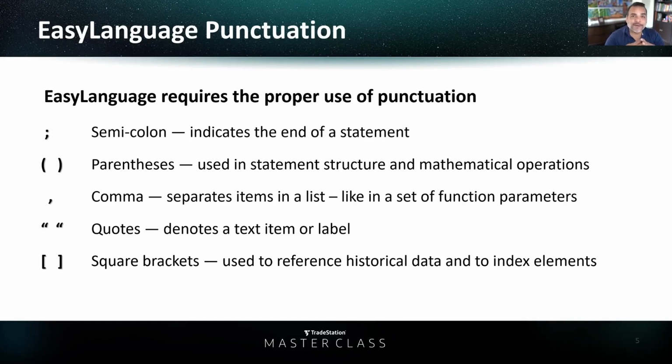Otherwise, we're going to get verification errors, which is a process that TradeStation uses to make sure that you have the right components inside your code. If you don't, it'll generate an error. Usually it's very good at telling you, hey, you made an error here. We need a semicolon, or we need a parentheses. Or sometimes, it's going to require you to look inside the code and try to figure it out.